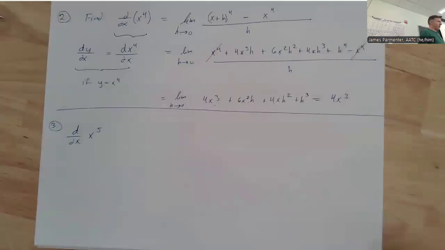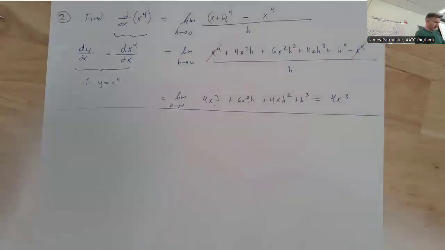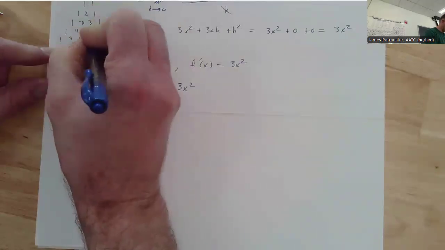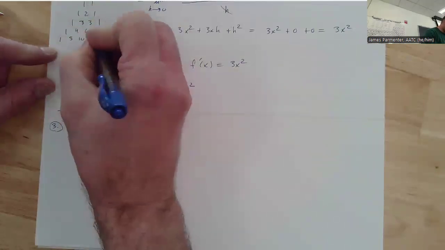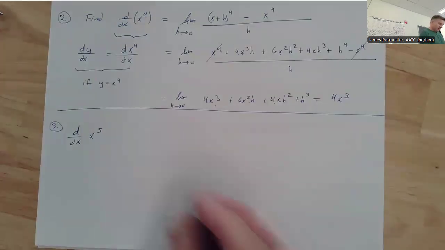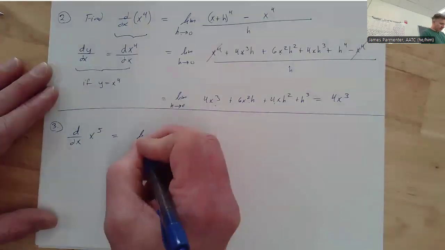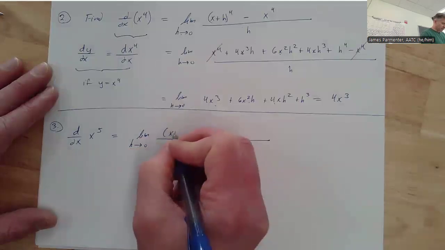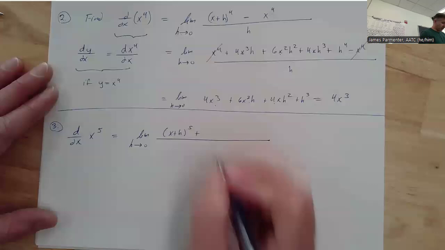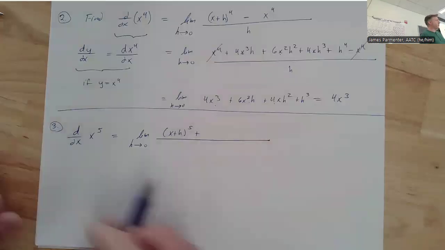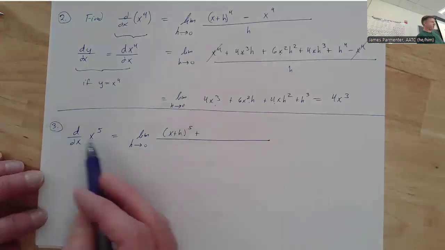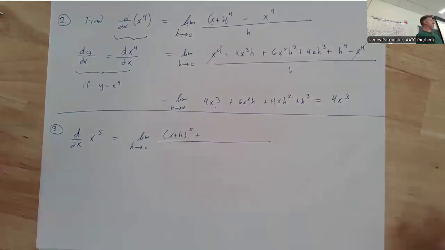So back to my Pascal's triangle over here, while you write out your guesses. Pascal's triangle, let's see, 1, 5, 10, 10, 5, 1. So we're going to get the limit as h goes to 0 of (x plus h) to the fifth minus x to the fifth, all over h. I'll point out that usually when I have a function, I like to write down the definition again.